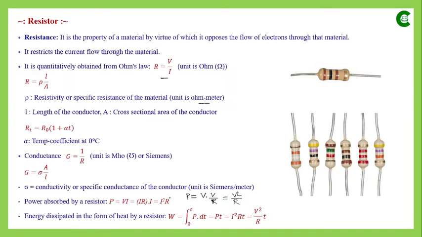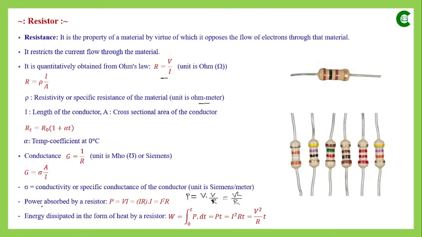Now we know that power is the work done per unit time, and energy or work are taken as equivalent to each other. So if we want to obtain how much electrical energy is dissipated in the form of heat by that resistor, then it can be easily obtained by using the formula of power.